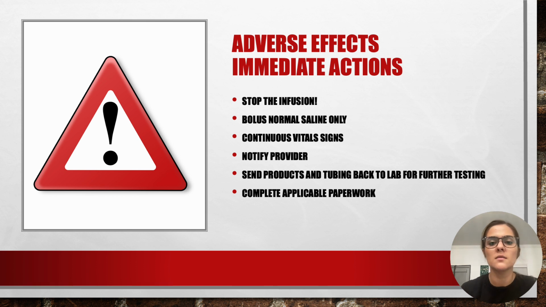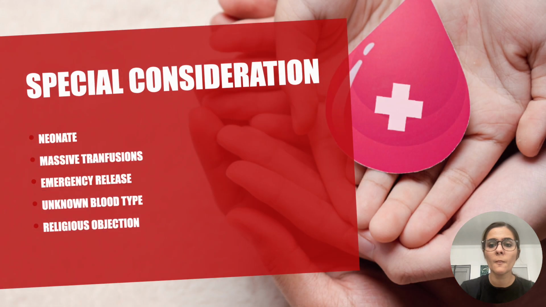Continuous vital signs, of course, notifying your provider, sending the blood products and the tubing back to lab for further testing is very important because they're going to try to identify what could have caused this. And then there's usually some paperwork that goes alongside that, okay?